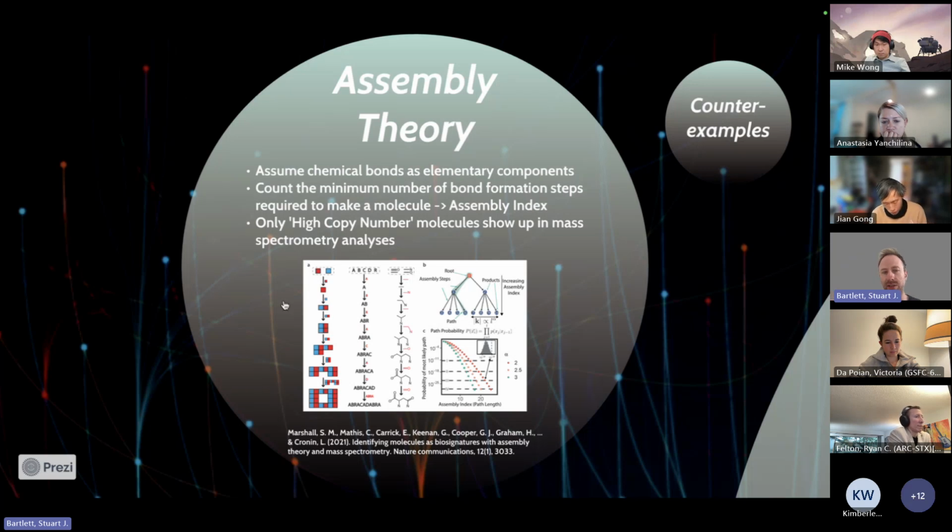So you have to essentially define a priori the building blocks of your process, and then you also have to define the allowed construction steps that you can use to produce your final target object.